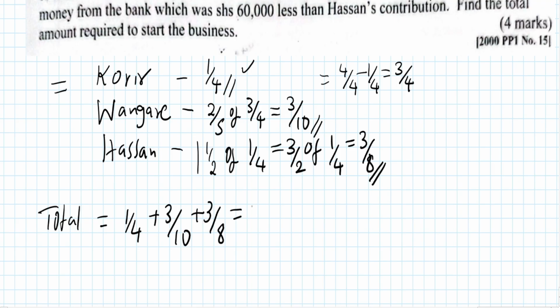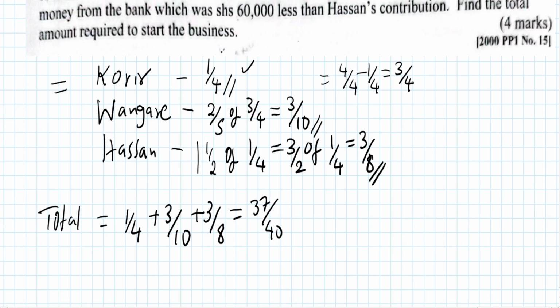Tamam. So let's just add up all of these three. You have a calculator. I don't need to show you again LCM. You all have a calculator. So if you add all the three of them, it is going to give you 37/40.